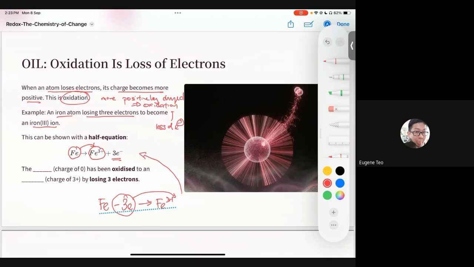Okay, so let's look at the explanation over here. What has been oxidized? The Fe has been oxidized to an Fe3+ ion by losing 3 electrons. Now, some students are able to explain that electrons are lost, but they didn't get full marks whenever the exam question comes because they tend to forget the number.